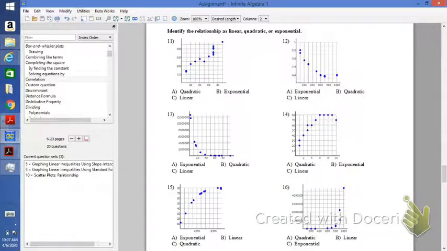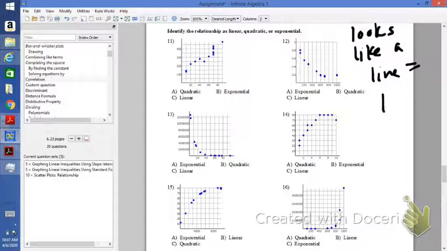Okay, in the last part, you're going to have a bunch of scatter plots, and you want to identify the relationship as either linear, quadratic, or exponential. So linear, if it looks like a line, that's linear.